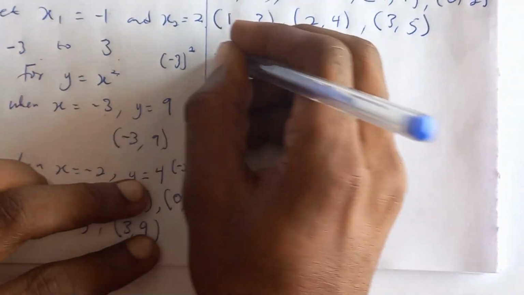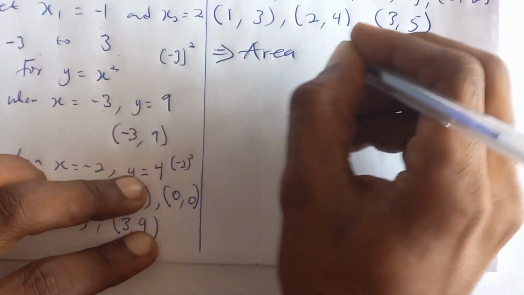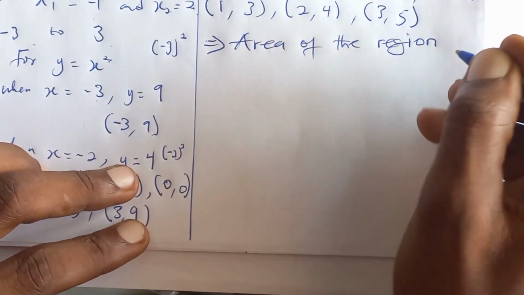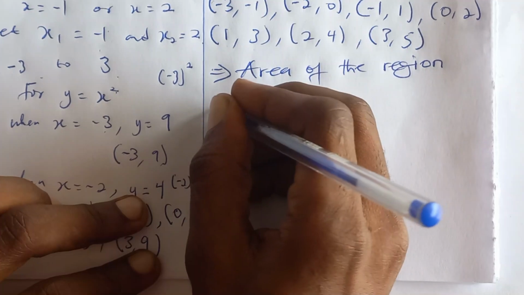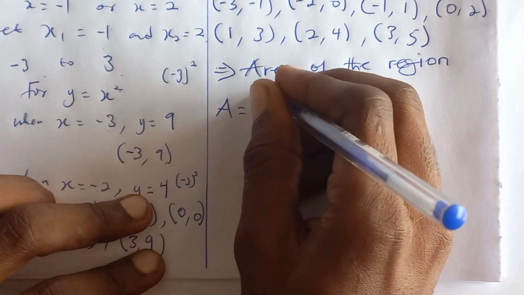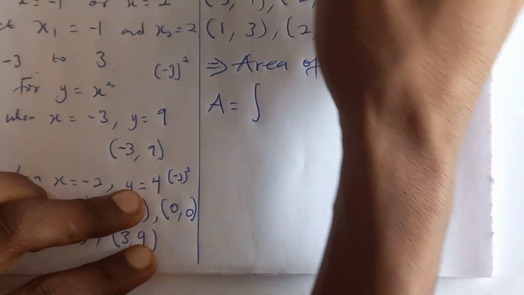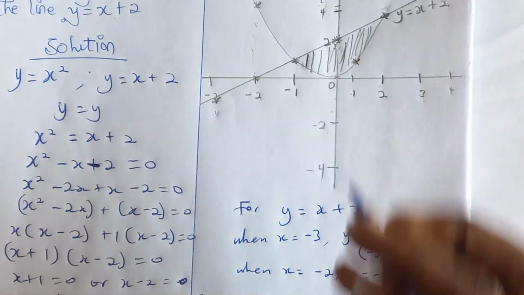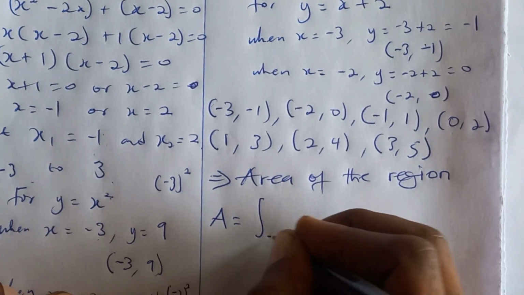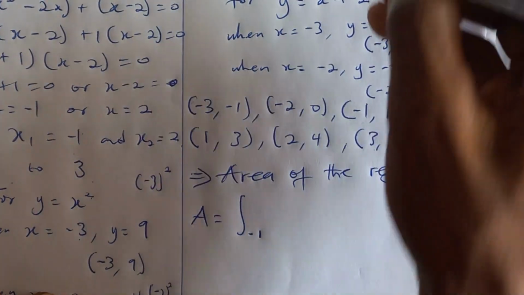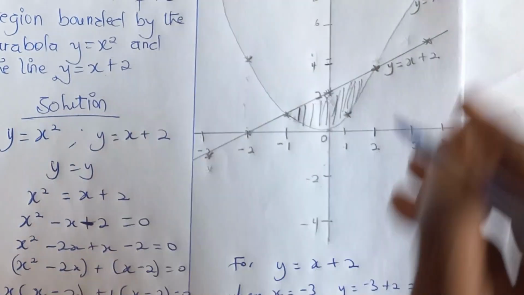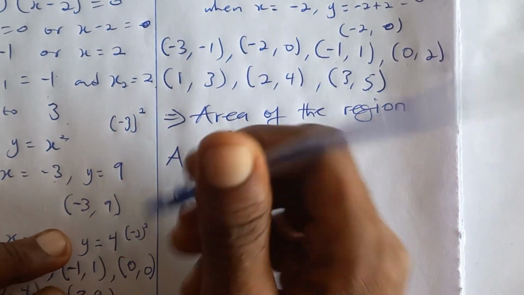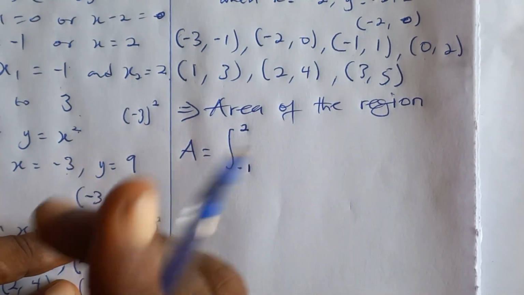So the area of the region, A, is equal to the integral. The lower boundary is negative 1, then the upper boundary, where they meet again, is 2. So the function, now you must be very careful here.